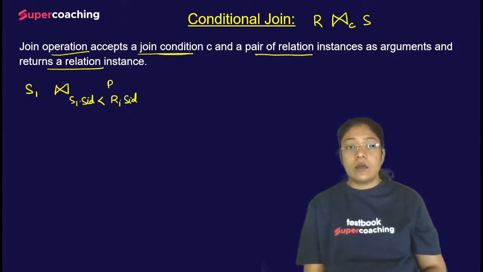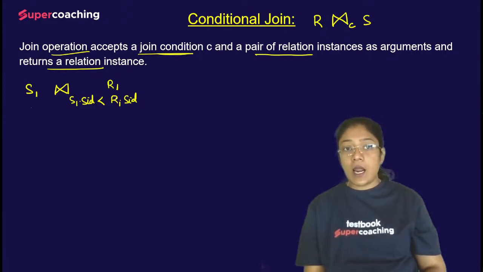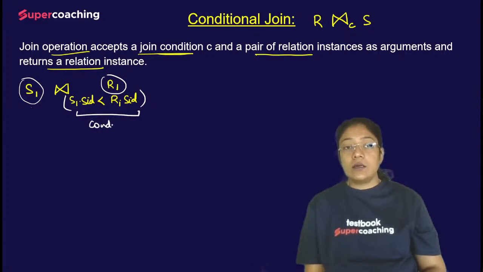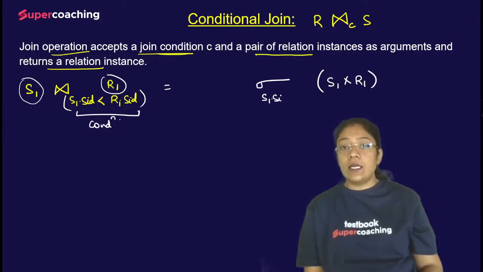This is accepting two, so if you observe here, S1 and R1 are the two relational instances, and for this join, this is the condition. So first of all, this will be executed as follows: we need to take the cross product of S1 and R1, and after that, we will apply the condition on this. The condition is S1 dot SID is less than R1 dot SID.